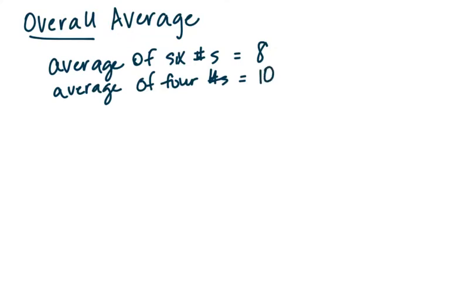So we have 6 numbers that average together to get 8. We have 4 numbers that average together to get 10.